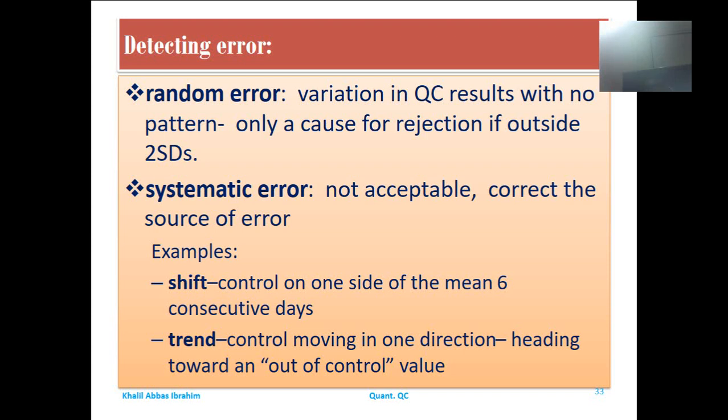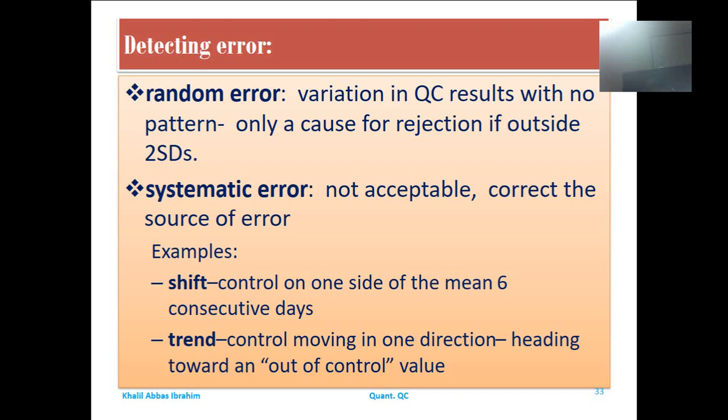If the system is not stopped, or if situations are not resolved, then finally the values will go out of control, but they go in one direction, heading outside of the control. This is also a systematic error which should discontinue.